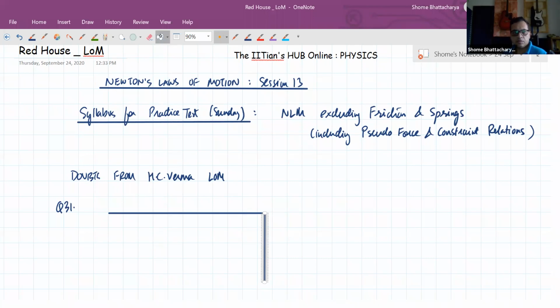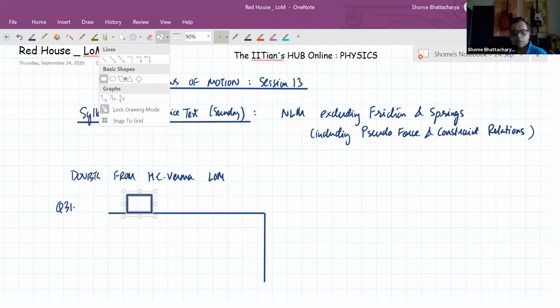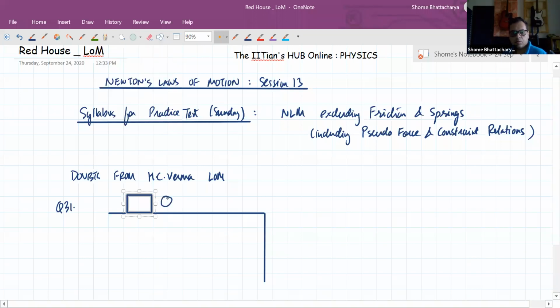So we are having a block placed on this, and also having a massless pulley attached to the block.